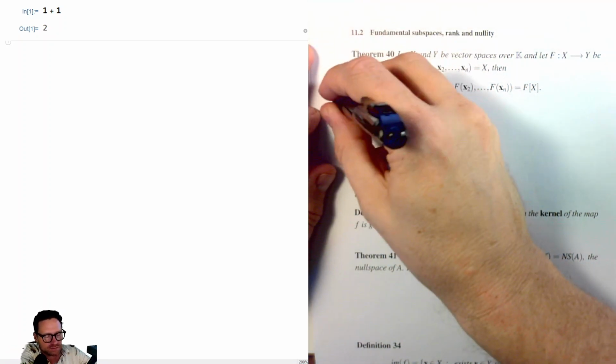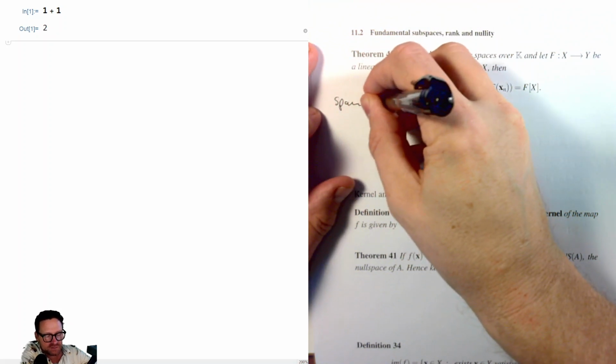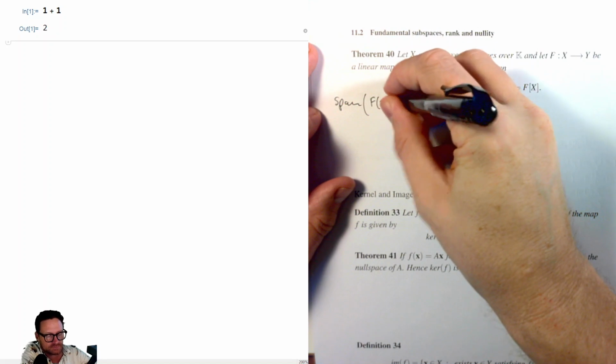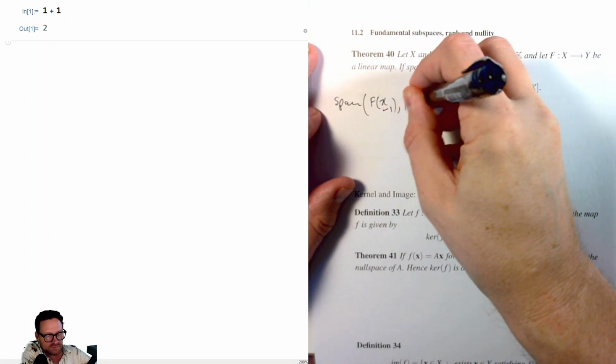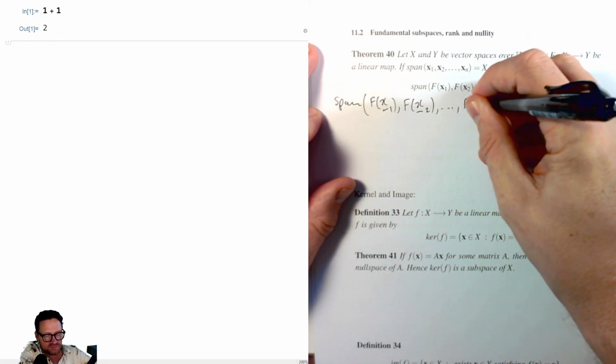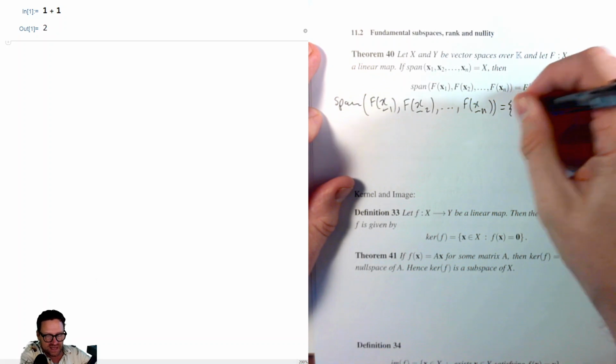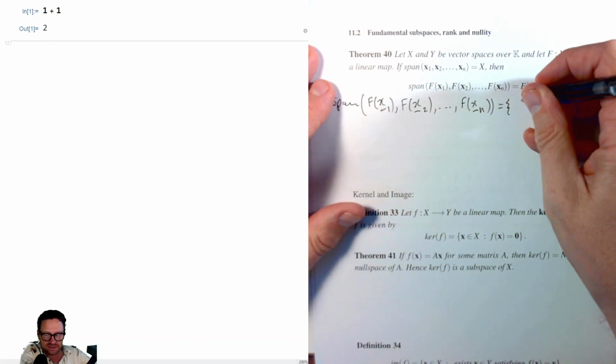Okay, so let's have a little look at this. The span of f of x1, f of x2, up to f of xn equals the set of all linear combinations of these.